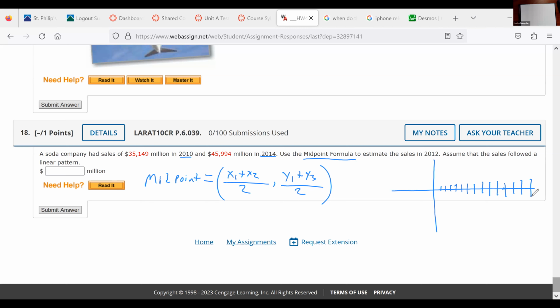So that's 14. 2001, 1, 2, 3, 4, 5, 6, 7, 8, 9, 10. So this right here is 2010. This right here is 2014. So the middle is here, right? That's what they want to know.